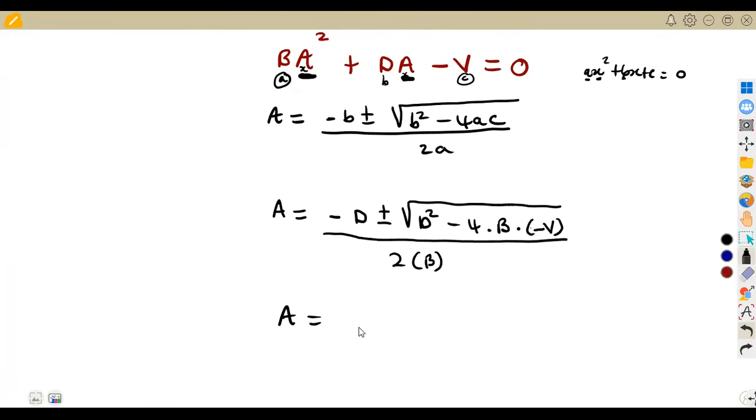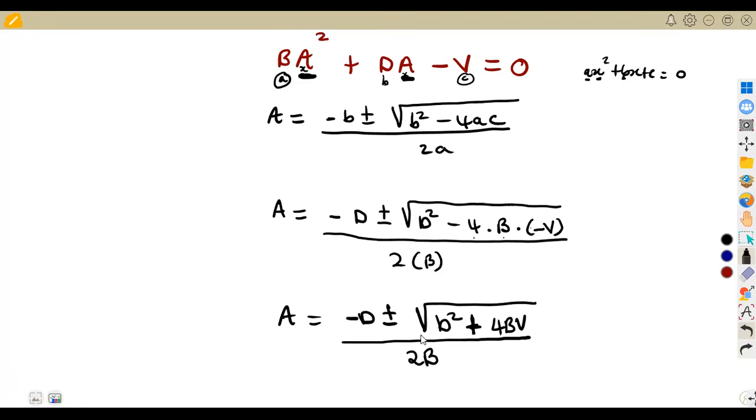So a is equal to minus d plus or minus the square root of d squared minus, minus a negative and a negative gives us a positive, so you multiply 4 times b times v, which is 4bv, everything over 2 times b, which is 2b. So that's it. We have made a the subject of the formula, which we can also separate if you want, or you can just leave it like that.